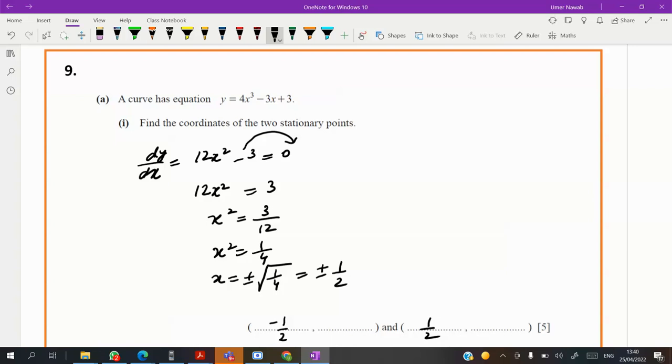I want to get the y coordinates. So for this, I will substitute minus 1 over 2 into the equation of the curve.